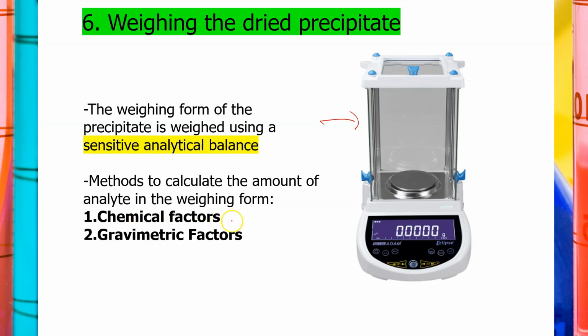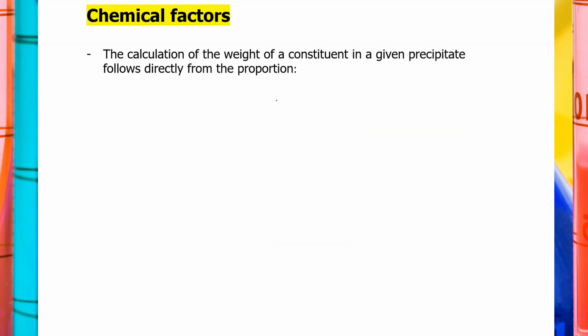The first one is the chemical factors and the second one is the gravimetric factors. First, we look at the calculation using chemical factors. In this method, the calculation of the weight of a constituent in a given precipitate follows directly from the proportion.